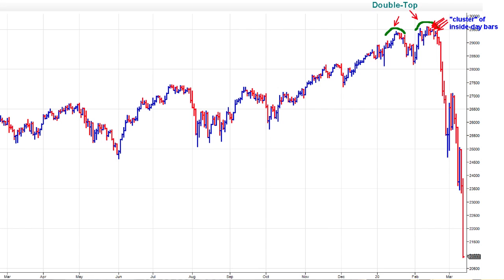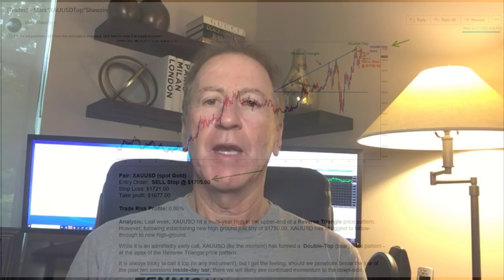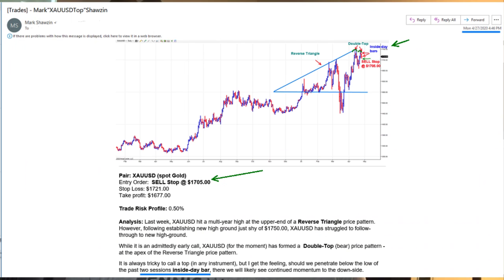Sometimes you try these things and some work, some don't. But you can see the risk reward is phenomenal. If you sell underneath all of those bars, the Dow Jones fell out of bed 30% right after that peak. And now I'm seeing the same thing in gold.